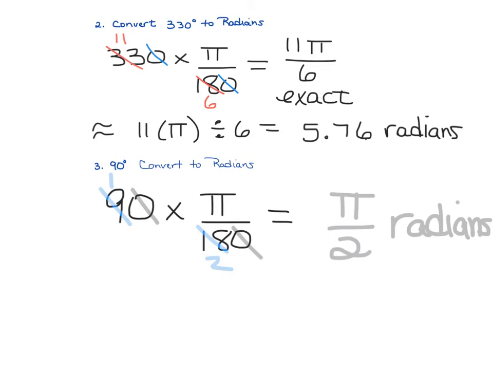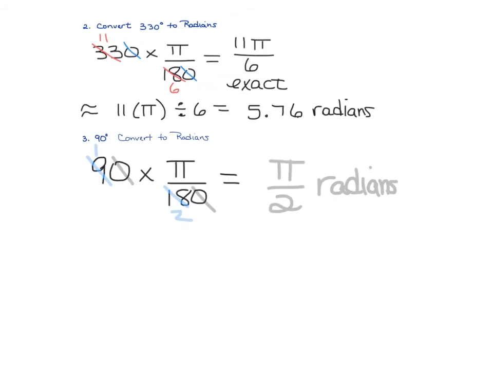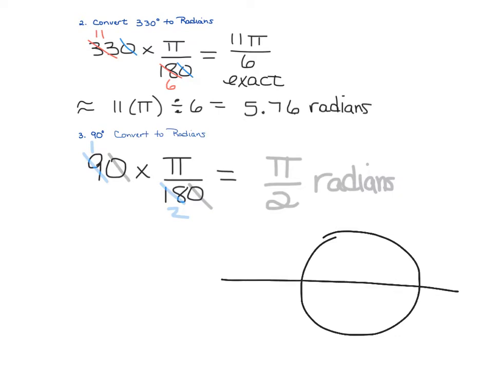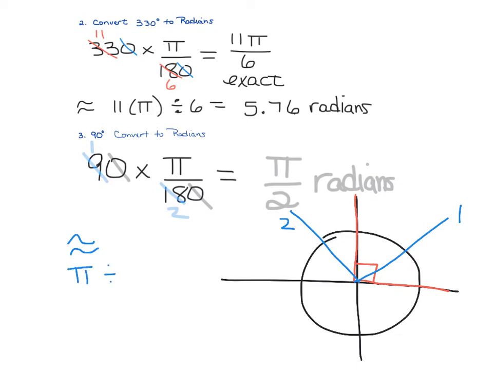Now, just to show you back on the circle, for example, for the 90 degrees, remember my circle looked like this. And remember, my 90-degree angle would be right here. Remember, 1 radian was about here. 2 radians was about here. Notice when I get my exact answer here, I got pi over 2, but my approximate value is going to be pi divided by 2, and it's going to be about 1.57.